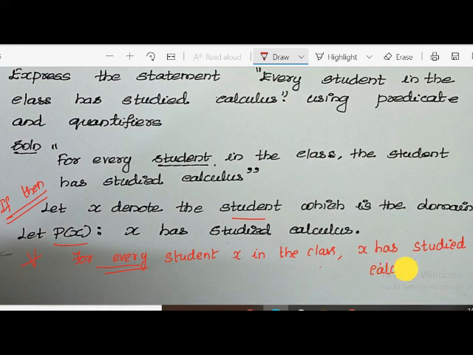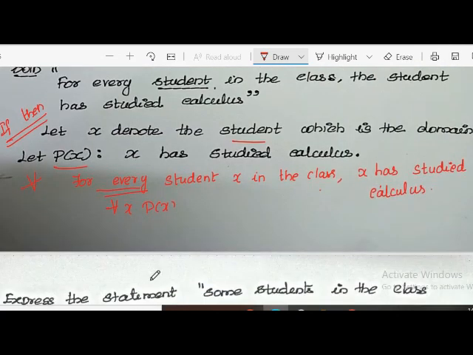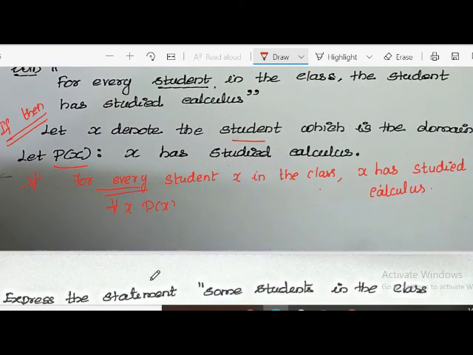I can write like this also. Now next one is we can translate the statement as for all X P of X. So for every person X, I'm translating the statement as for every person X, X is a student in the class who has studied calculus.